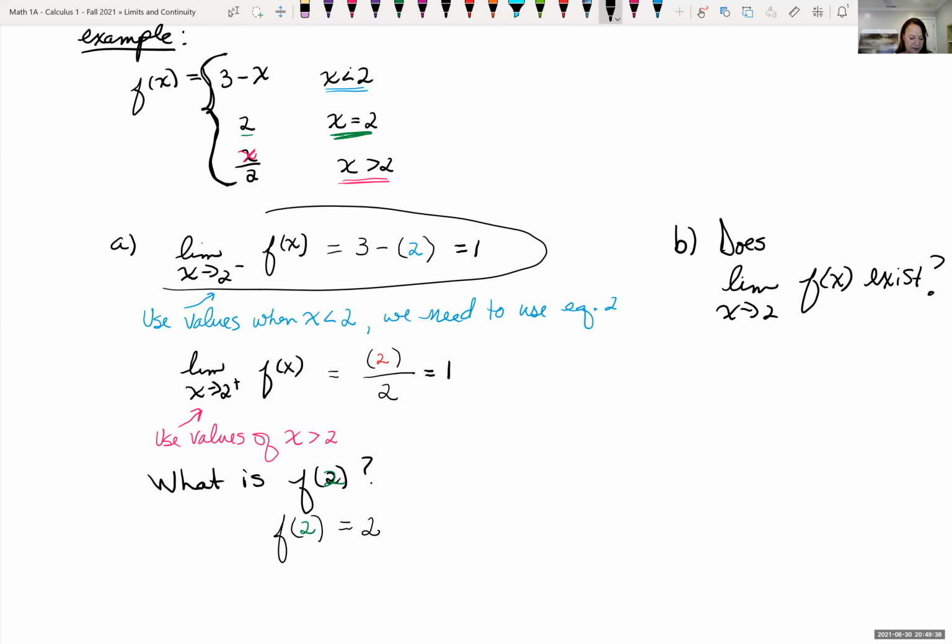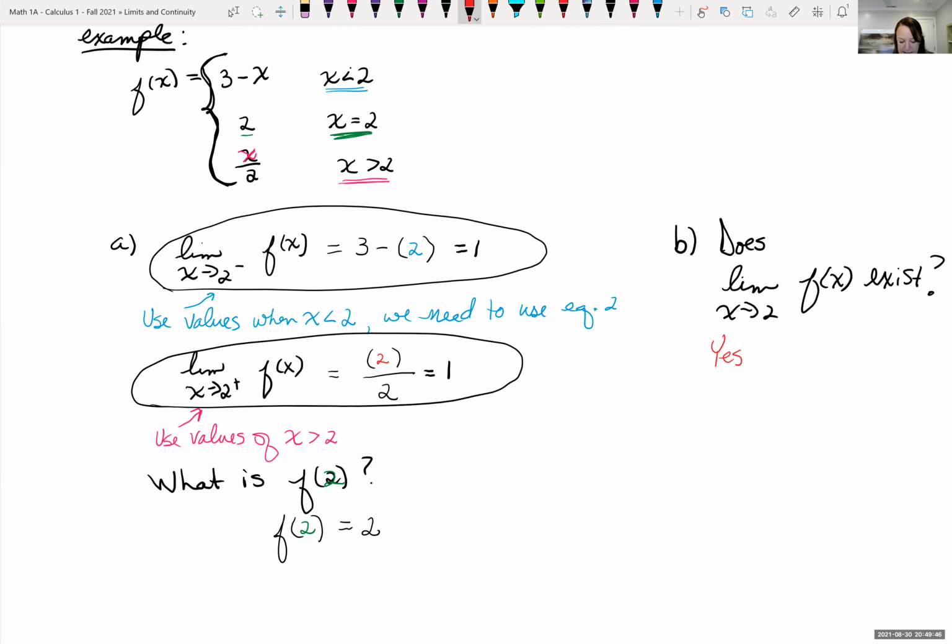Our left-hand side, we got back 1. Our right-hand side, we got back 1. And so the answer to that question would be yes, it does exist. And the reasoning is because the left equals the right. So the limit as x approaches 2 on the left of f of x equals the limit as x approaches 2 on the right of f of x.